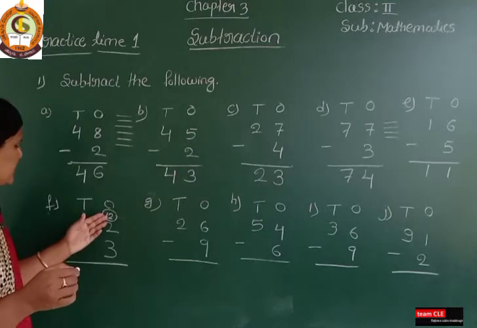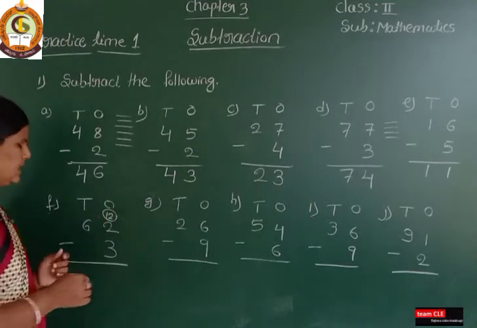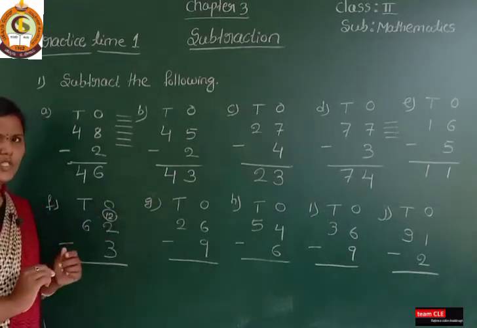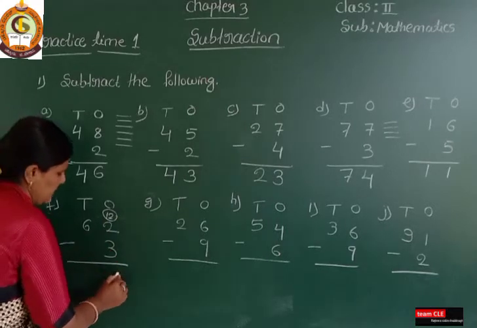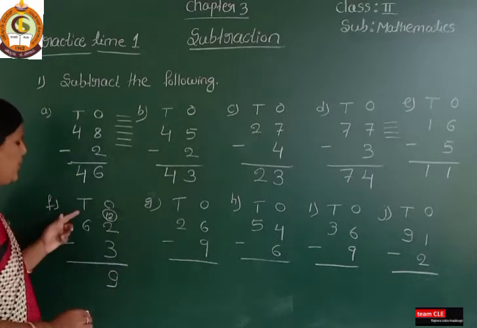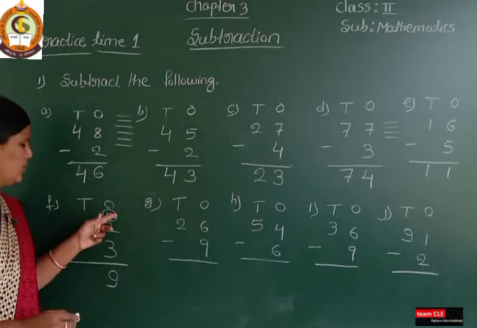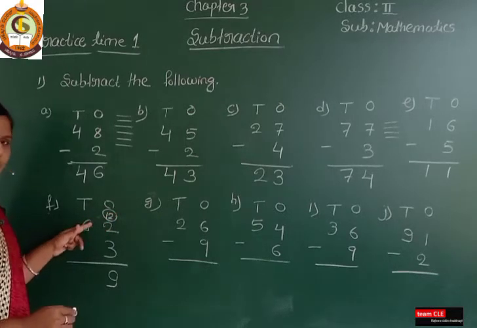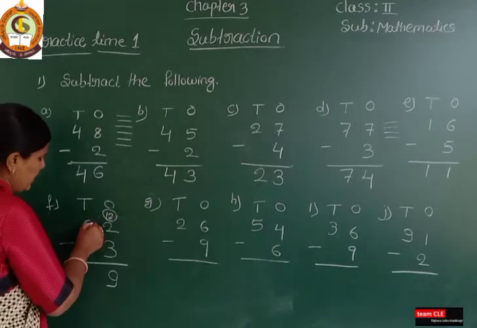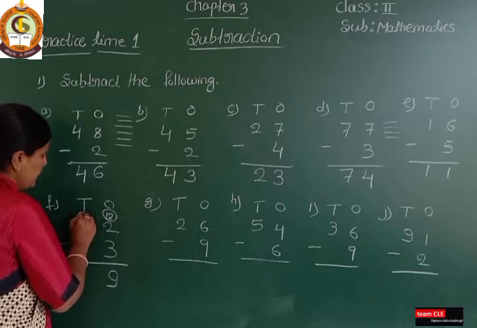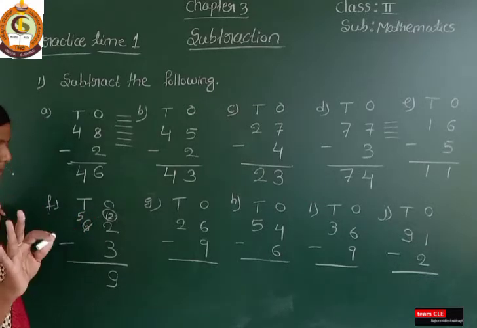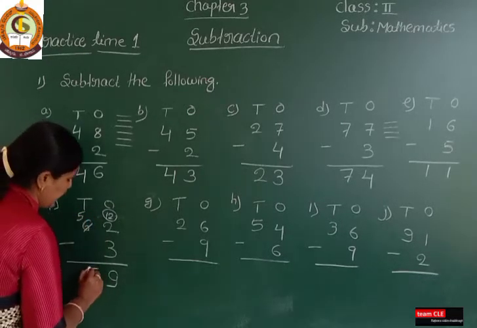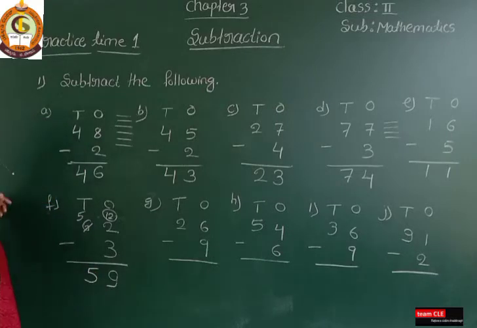Now you have to subtract 12 minus 3. 12 minus 3 is 9. So write 9. And you already took one group here, no? So that group we have to cancel. Means instead of 6 here, how many groups remain? 5 remain. So now write that 5 here as it is.